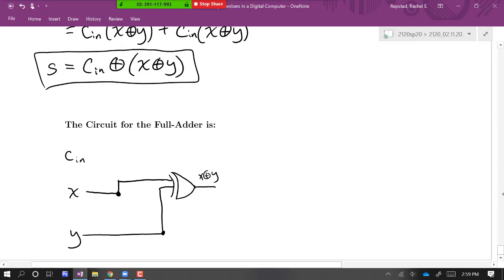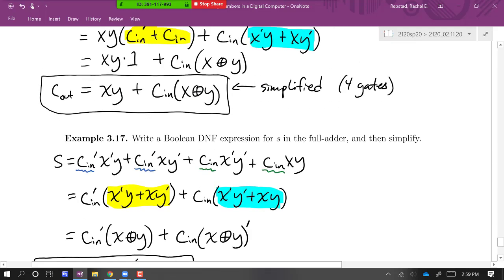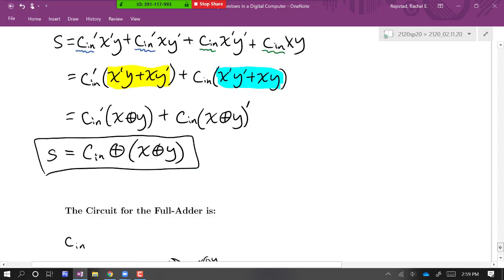So let's say we want to do the carry out digit first. I need to pass that XOR through an AND gate with the carry in. So let's do that first.